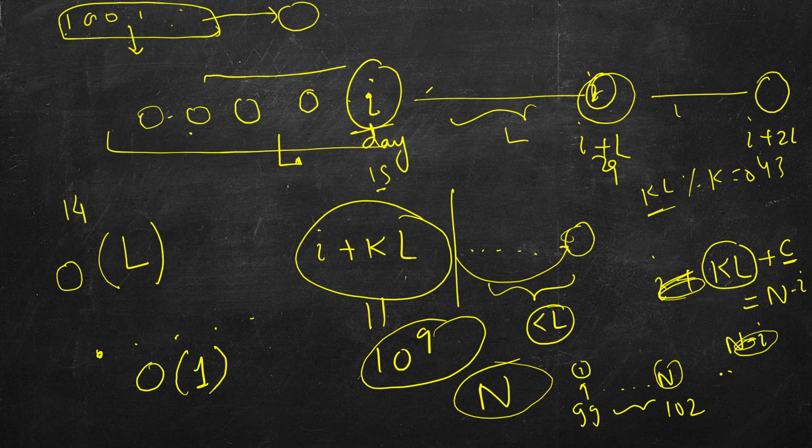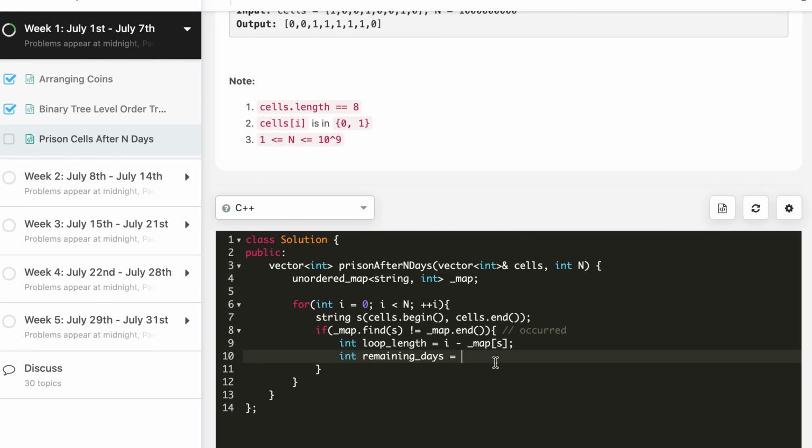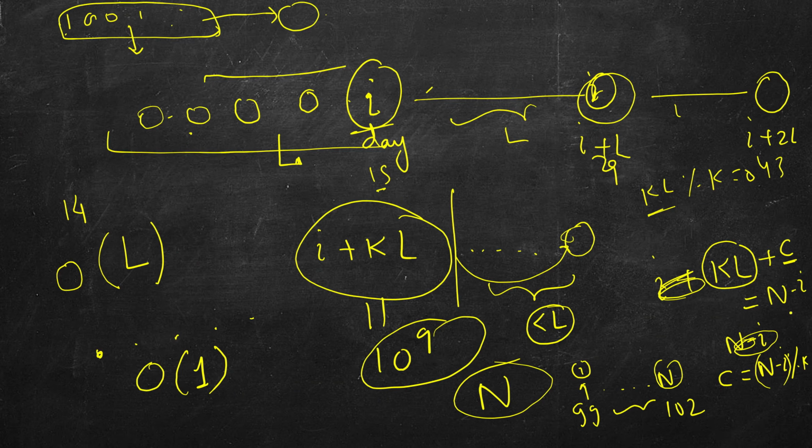So the left hand side becomes C, and the right hand side becomes n minus I modulo K. So C is the remaining number of days that we want to solve. So it's n minus I modulo loop length. I made a mistake here. We took modulo L and not K. We are not bothered about K.